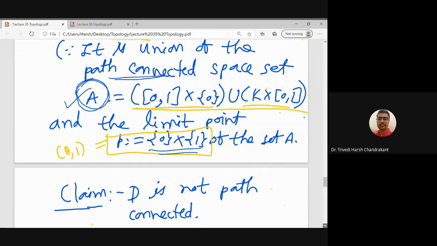So what we have just now proved is that the deleted comb space is a connected space, because the deleted comb space is between A and A closure, and since A is connected, D is connected by that result.